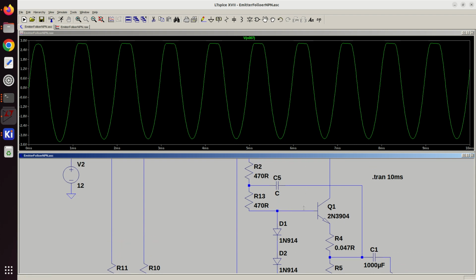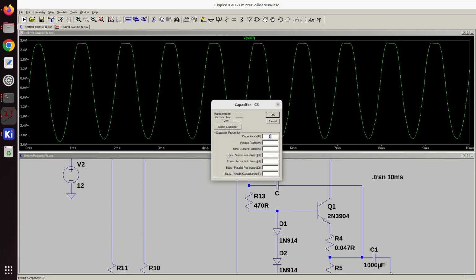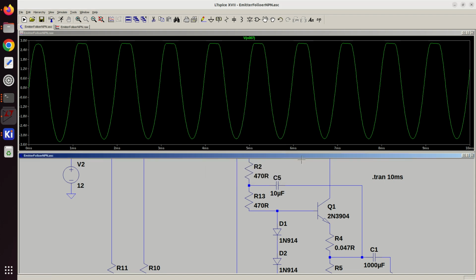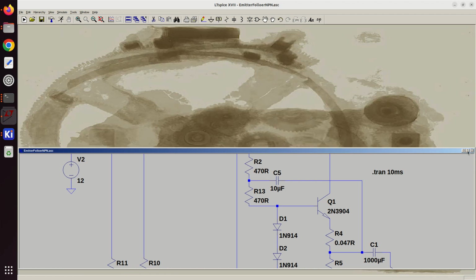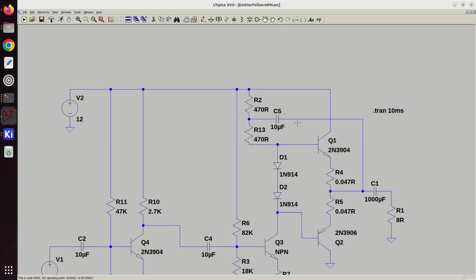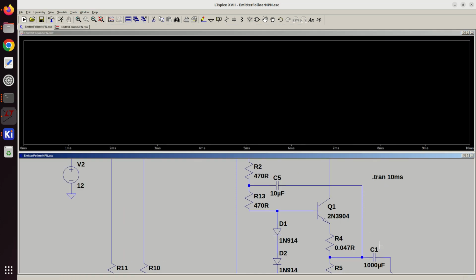Okay, I'm just going to try it. I'm going to pick 10 microfarad again. I really don't know. The idea behind this bootstrapping is that you add voltage here into this, so the voltage at this point is going to go above the 12 volts. It's probably easier just to simulate it and show if it actually works.